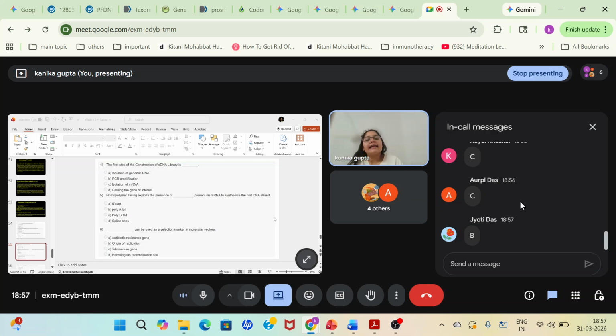Yes, it is poly A tail. That is why we can use oligo dT primer. So it is the poly A tail.